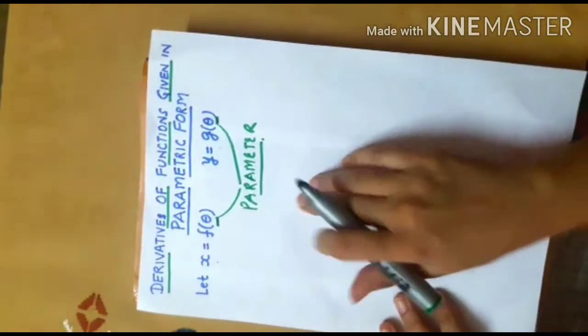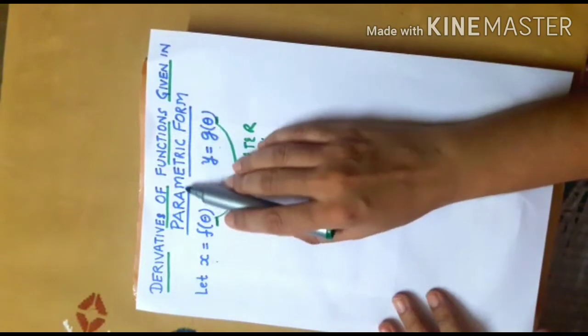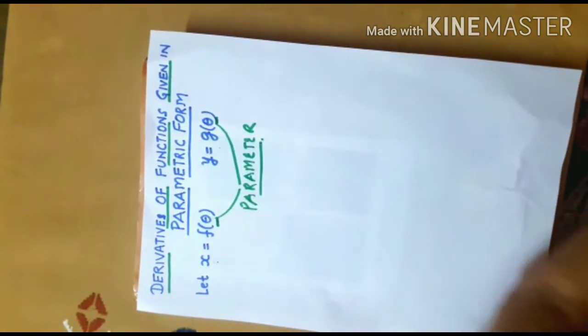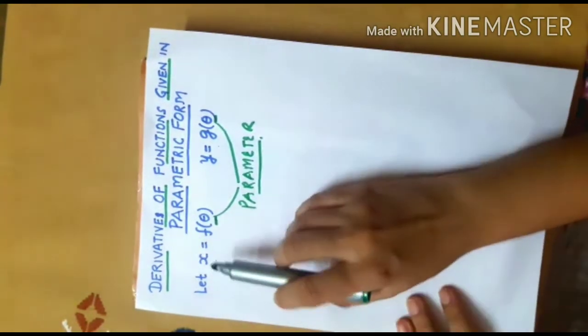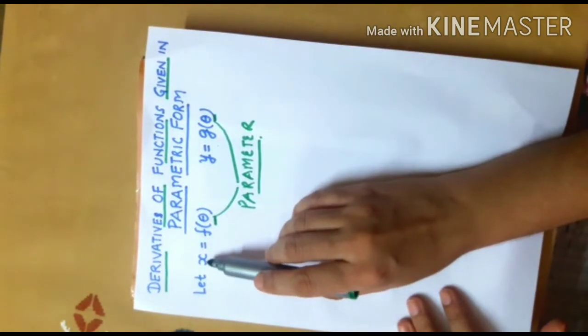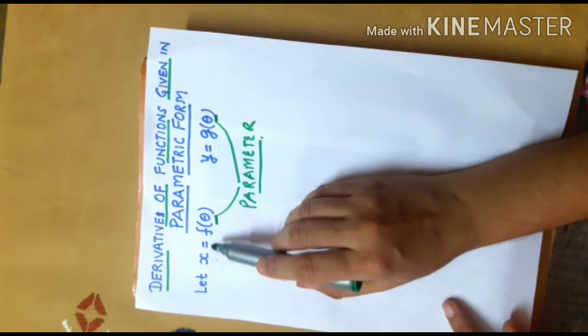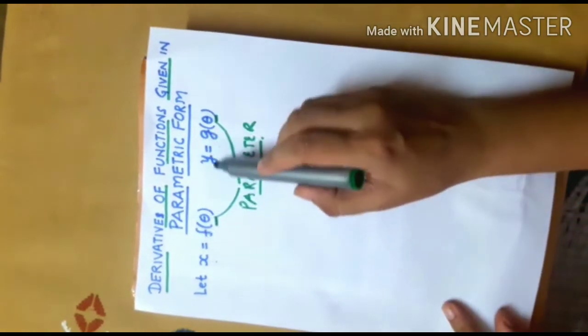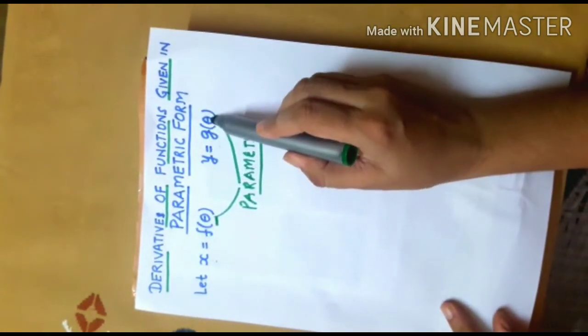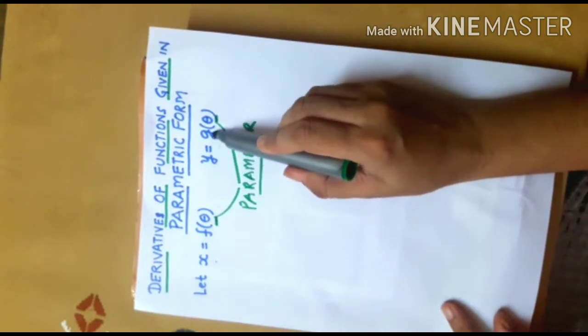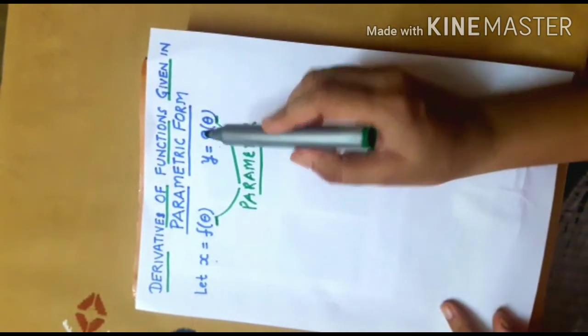Today we will discuss the derivative of functions given in parametric form. Here x is equal to f(theta), that is, x is a function of theta. Similarly, y is equal to g(theta), that is, y is a function of theta.